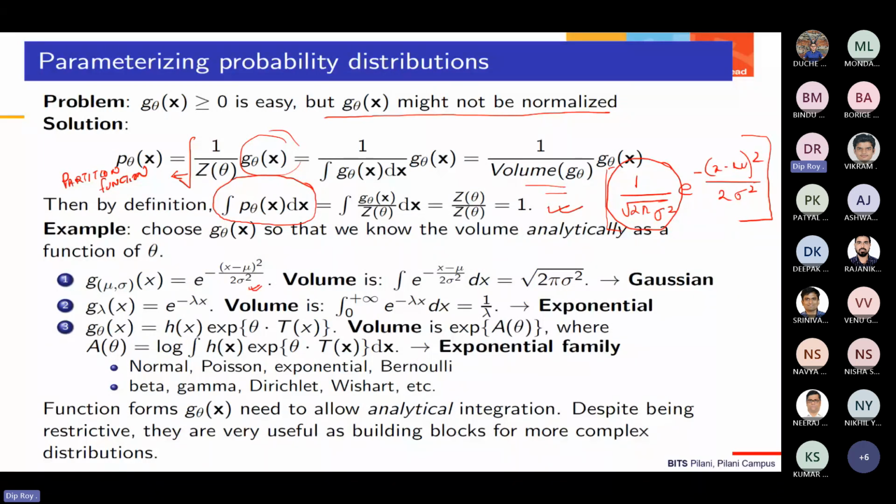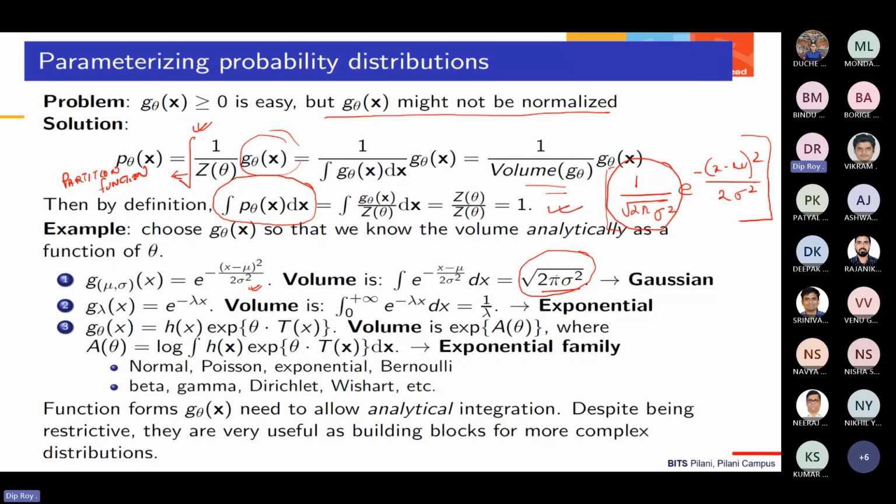And typically we always want to go with exponentials, and I'll tell you why later, because of non-negativity, but there are other aspects as well. If you take the integral of this, it boils down to this. And you see the formula here: g of theta x divided by z theta, which is essentially this. So this is your normalizing constant or partition function.